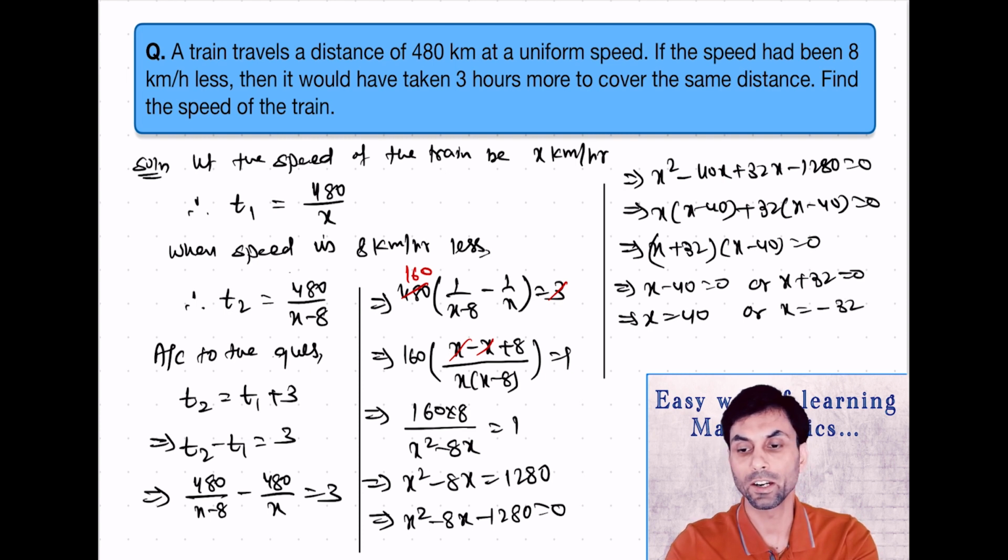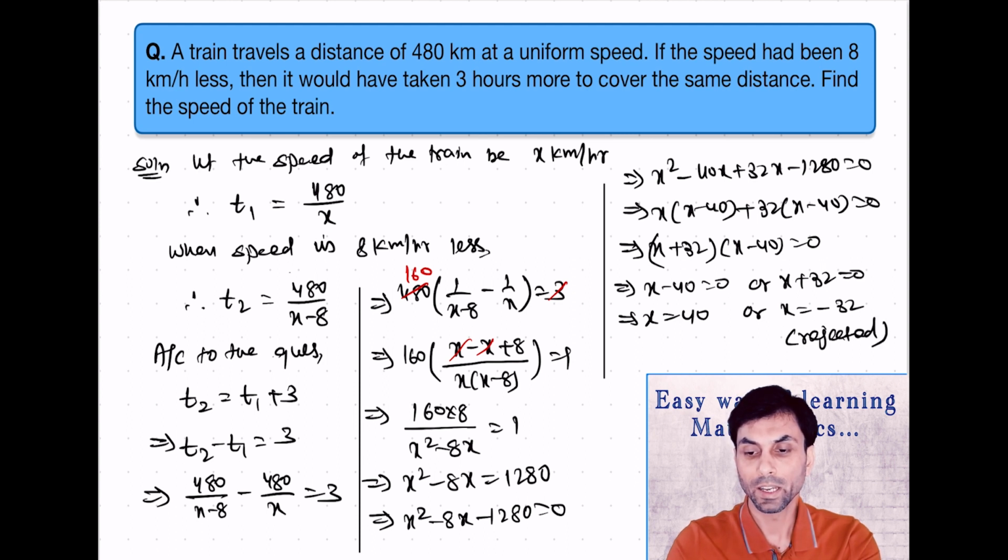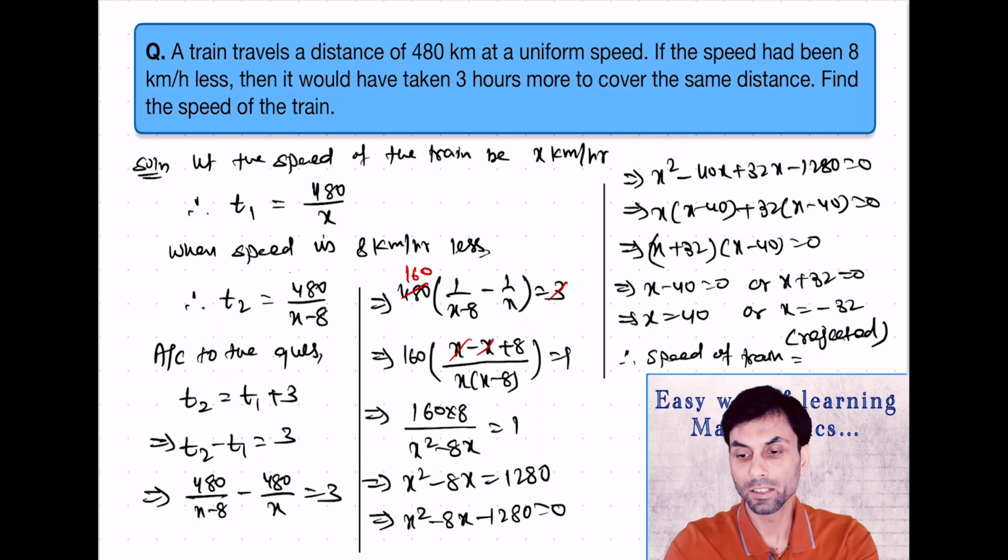Now the speed cannot be negative, so it will be rejected, and so therefore speed of train is 40 km per hour.